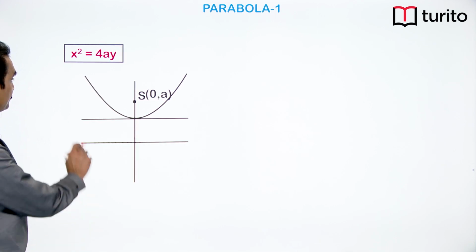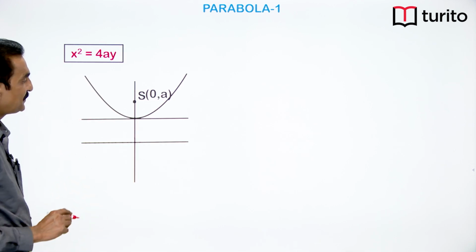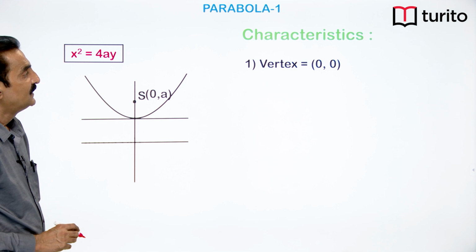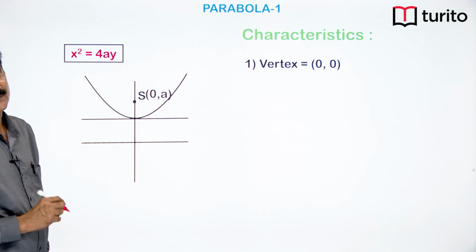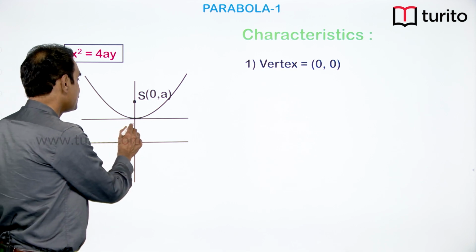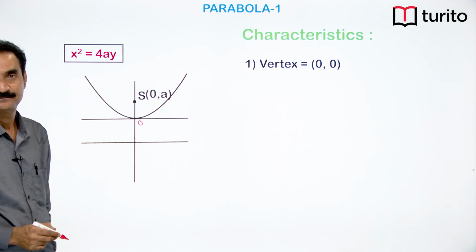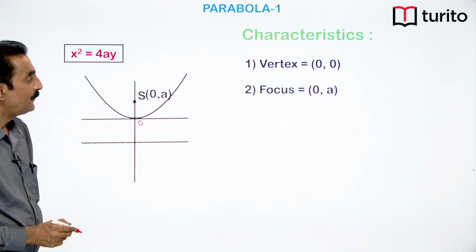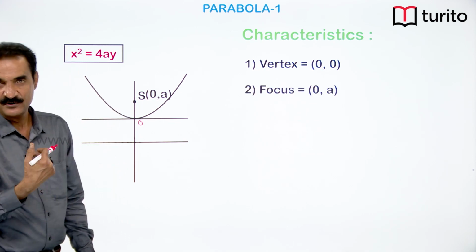Now, what are the characteristics of this parabola? First point, vertex. Vertex is what? The origin. Focus (0, a), we have assumed.